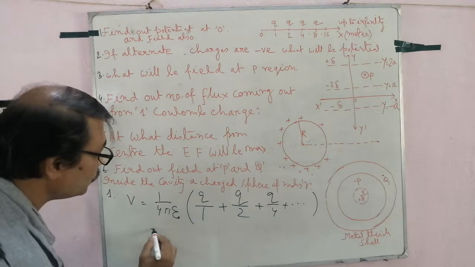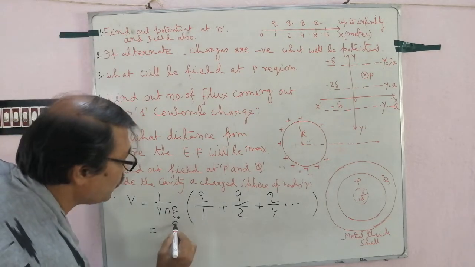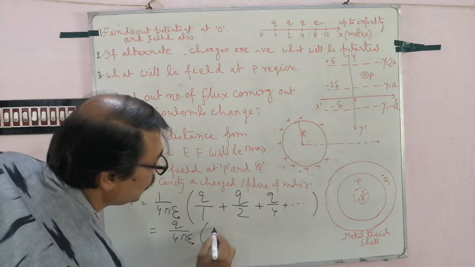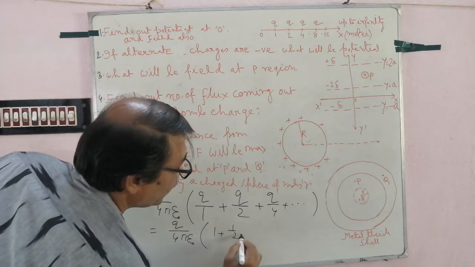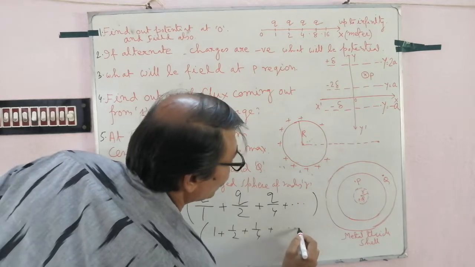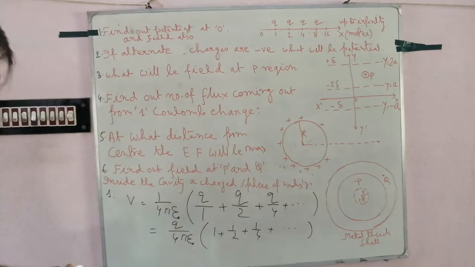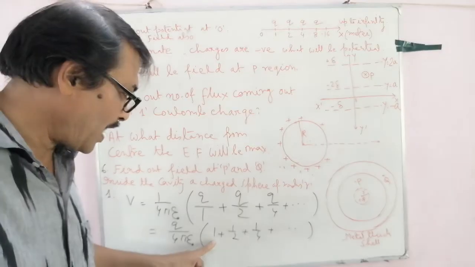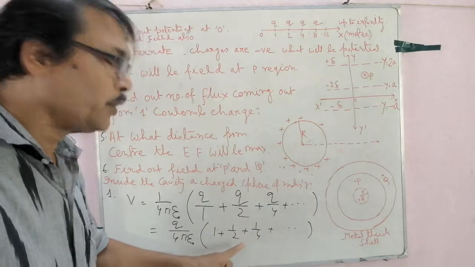Now if you take q out, q by 4 pi epsilon naught, 1 plus 1 by 2 plus 1 by 4 plus dot dot dot. Now follow, this is an algebraic formula: 1 plus half plus, common ratio half.